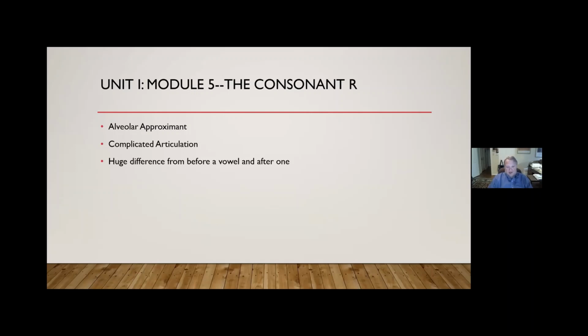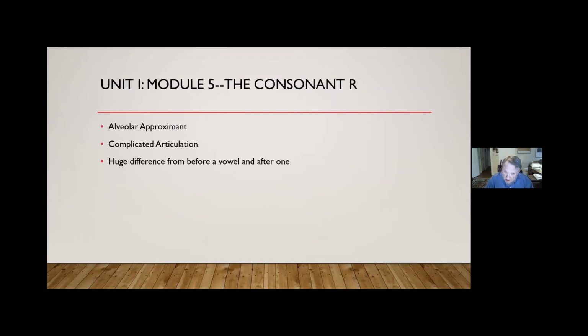And then many languages also take this tap and repeat it, and that repetition forms a trill. So ara, ara, ara. And these are very common R's in the languages of the world.